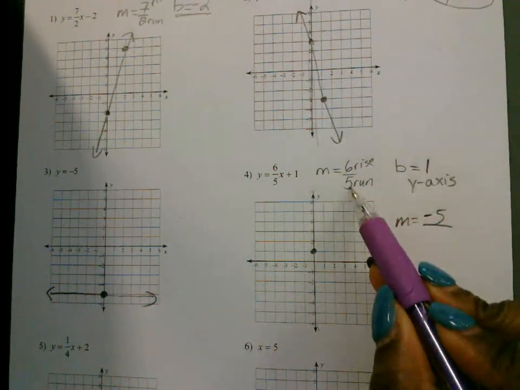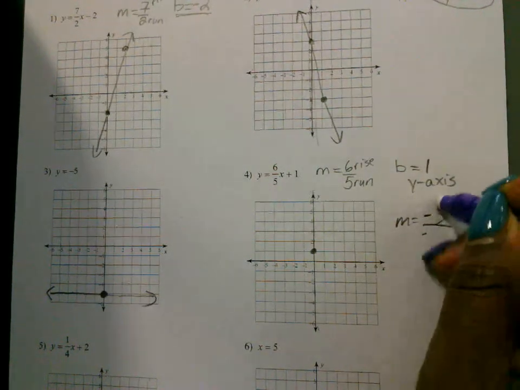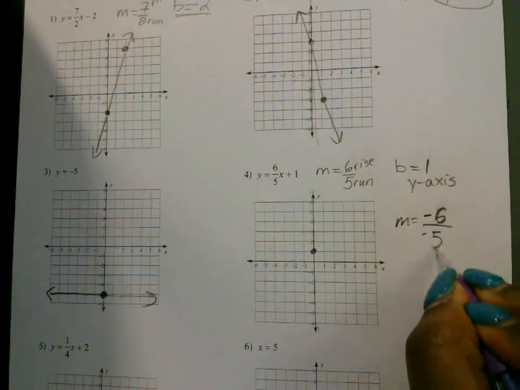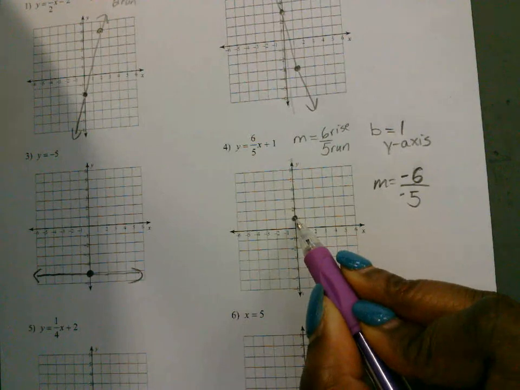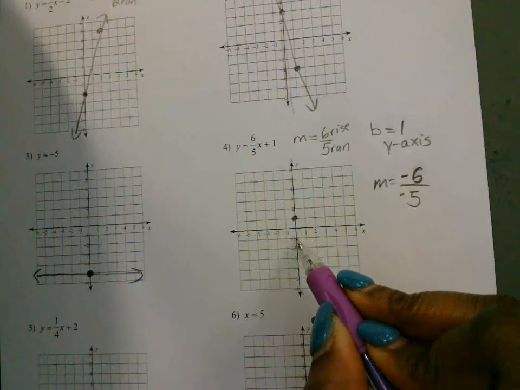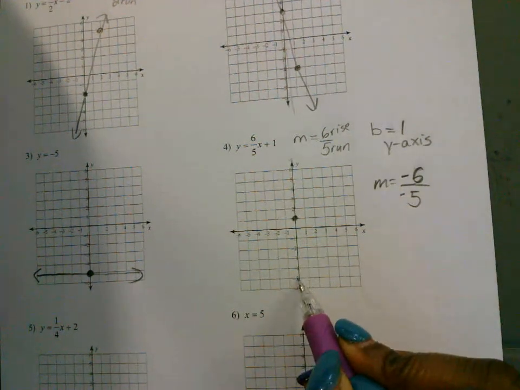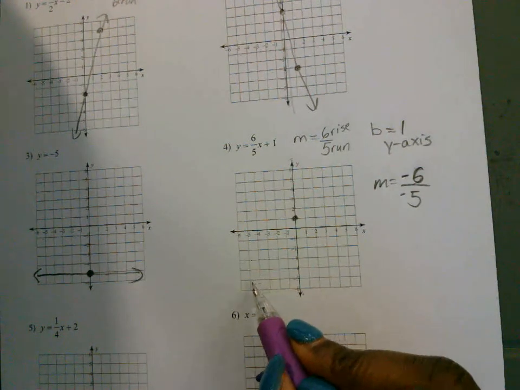What's the opposite of a +5? All right, so let's do it backwards. So now let's go down 6. 1, 2, 3, 4, 5, 6. And to the left 5 since it's -5. 1, 2, 3, 4, 5.